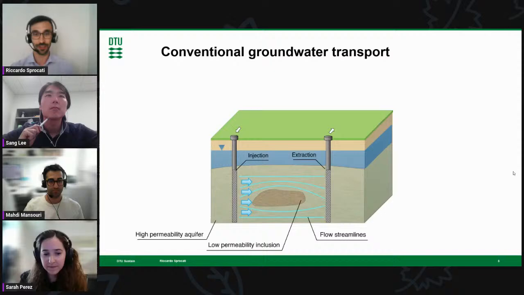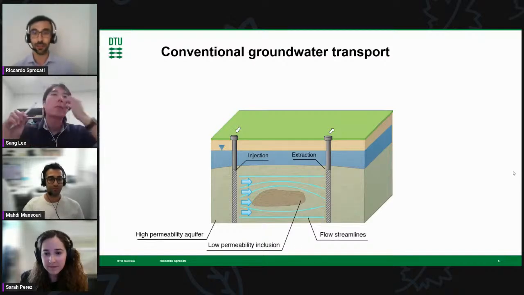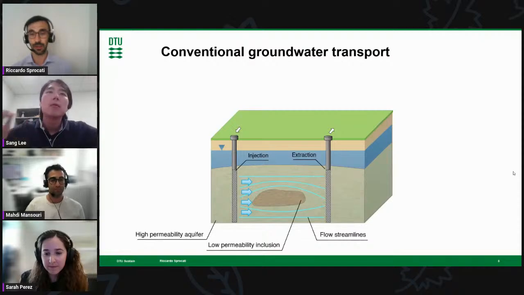But what happens in reality is that you have heterogeneities, and this can be because of different grain size distributions, or different materials such as sandy layers and clay layers. There can be any different sizes and forms, and what they do when we talk about groundwater transport is create preferential pathways.